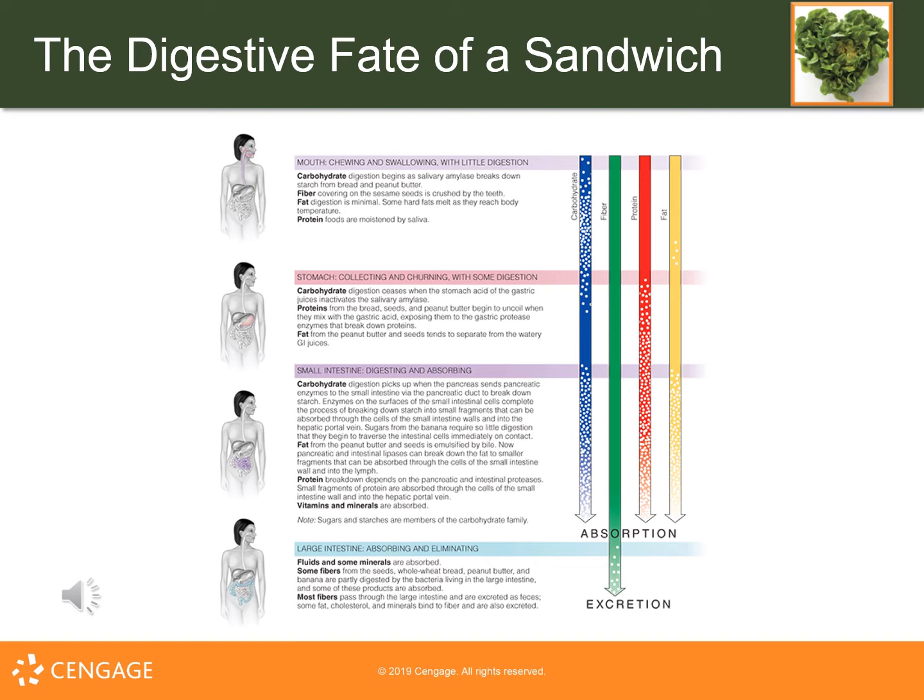What we're going to take a look at next is why does so much absorption take place in the small intestine? What is present? What does the anatomy have to do with it? What truly is the reason why our nutrients are being absorbed in this area?